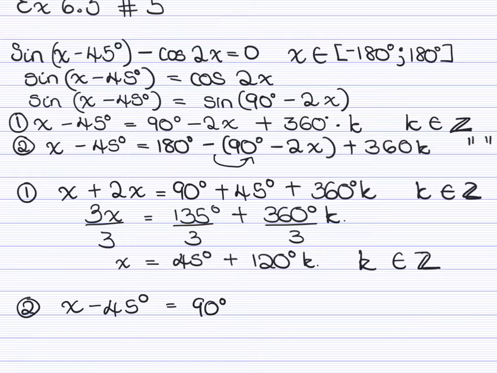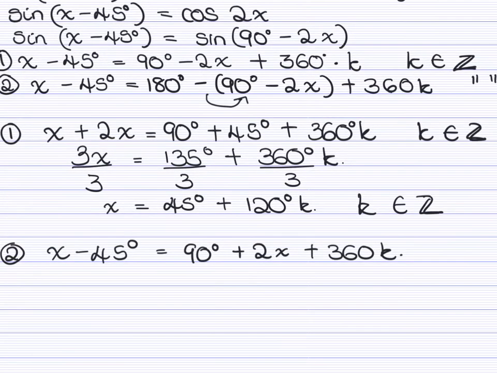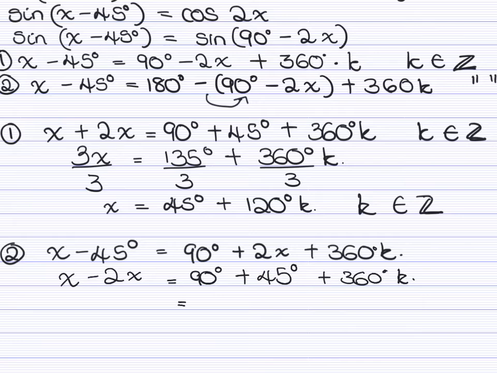Negative multiplied by the negative there comes positive 2x + 360k. Perform your balancing method here. x − 2x, 90° + 45° + 360k. I'm left with −x here and 135° + 360k.